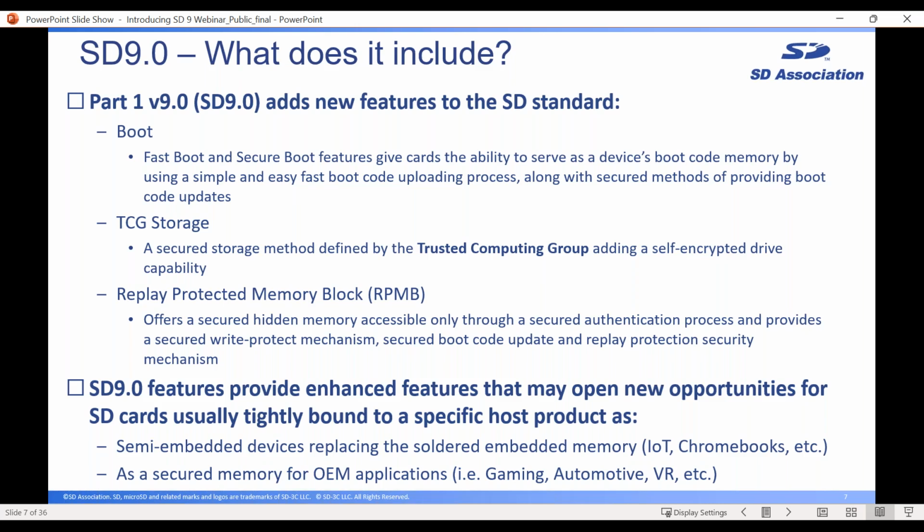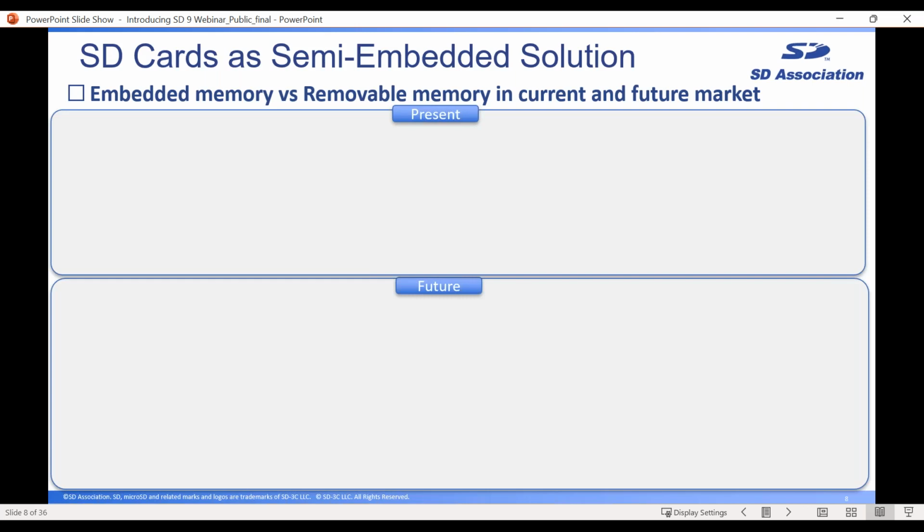Such cases may usually be semi-embedded devices, replacing the soldered embedded memory, like in IoT, Chromebooks, etc., and a secured memory for OEM applications. I'll go over that in a moment. So, SD cards as a semi-embedded solution. This is the first one that I mentioned.